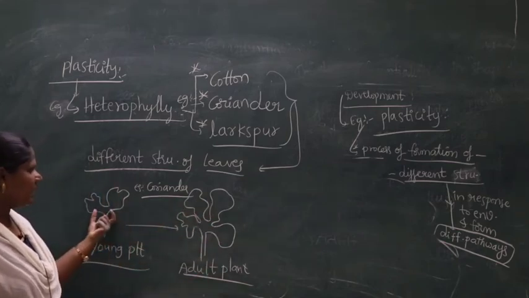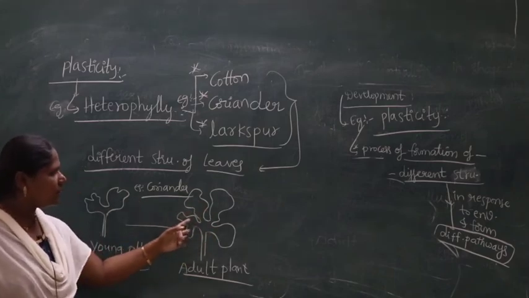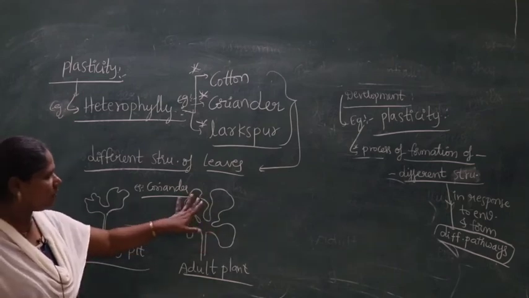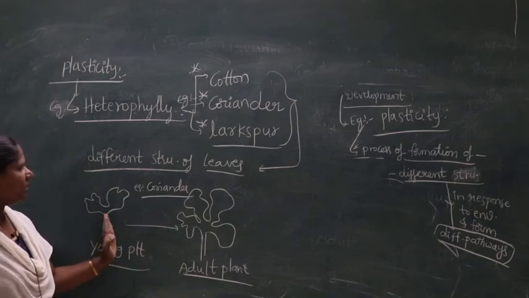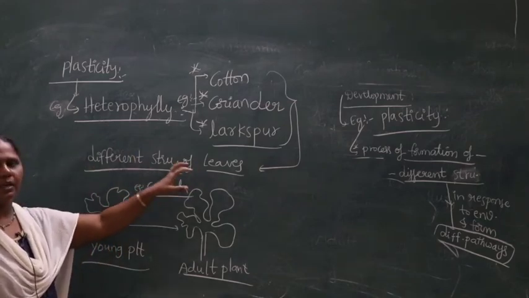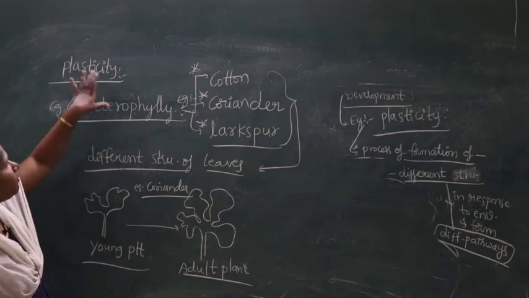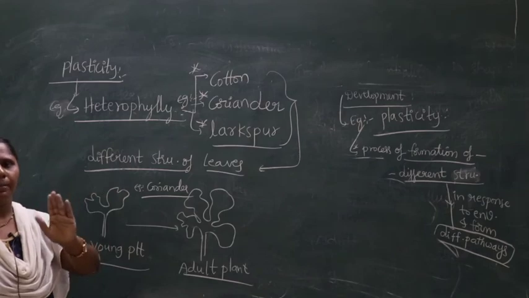That means the young leaf is different from the adult leaf. The adult leaf shows many different lobes when compared with the young leaf. So different structures of leaf are a very good example of heterophily. Heterophily is a type of plasticity. Plasticity is one of the developmental processes.